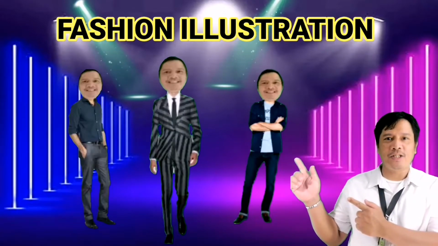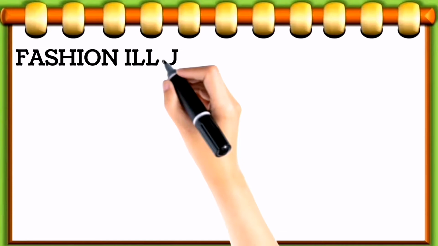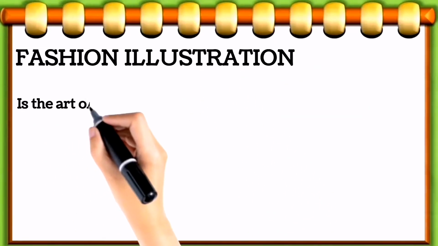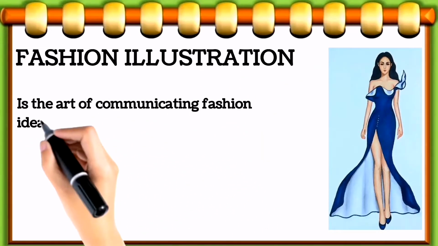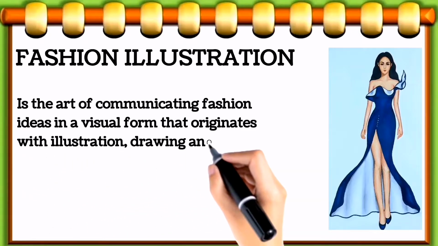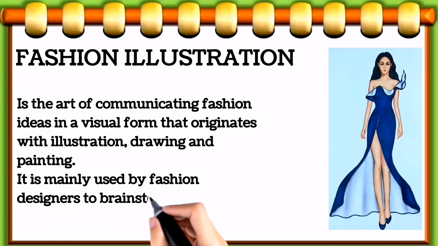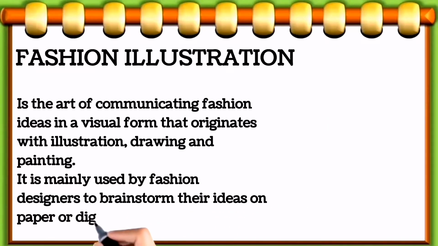Fashion illustration. Fashion illustration is the art of communicating fashion ideas in a visual form that originates with illustration, drawing, and painting. It is mainly used by fashion designers to brainstorm their ideas on paper or digitally.